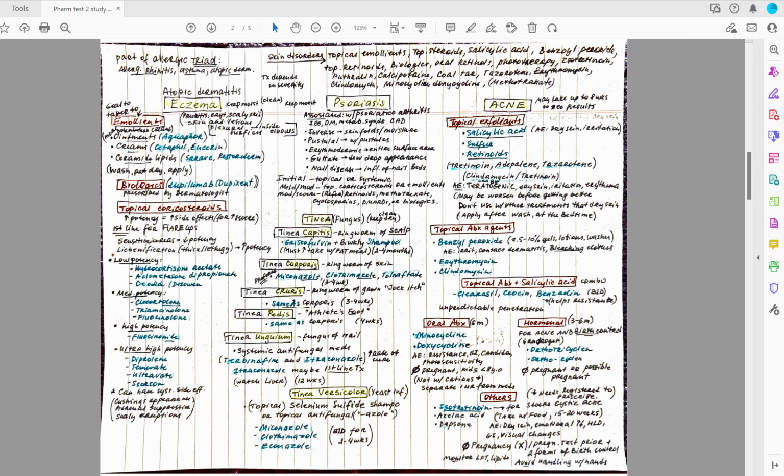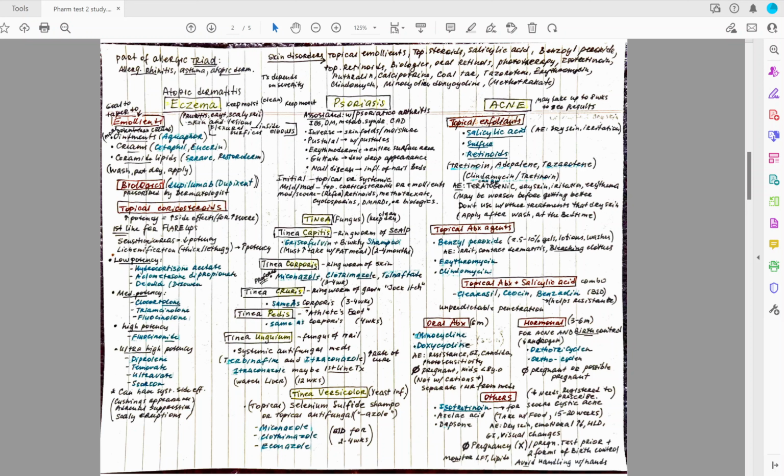So it can be different types. Inverse is in skin folds where there is lots of moisture. Pustular, obviously with pustules. Erythrodermic, when you have the entire surface. So entire starts with E, erythrodermic.